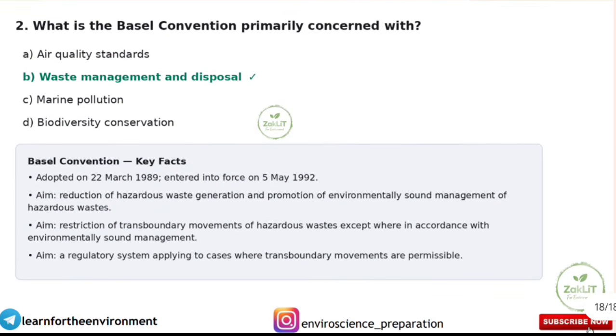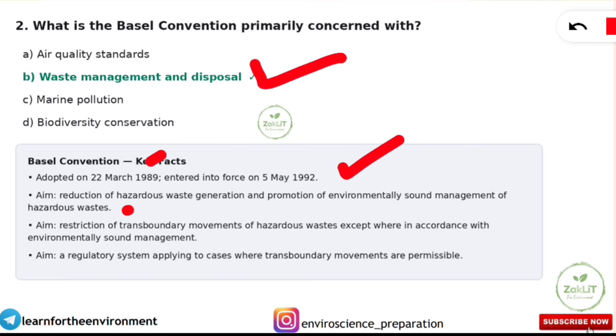What is the Basel Convention primarily concerned with? Yes, the Basel Convention is primarily concerned with waste management and its disposal. Key facts, it was adopted on 22nd March 1989, but it entered into force on 5th May 1992, after 3 years. Its aim is to reduce hazardous waste generation and promote environmentally sound management of hazardous waste.